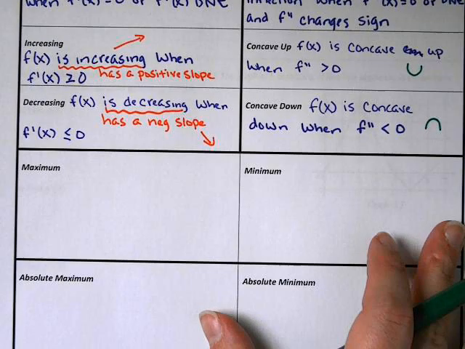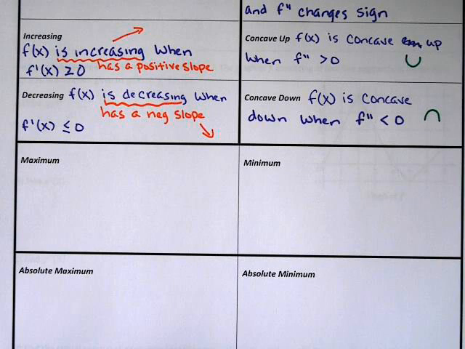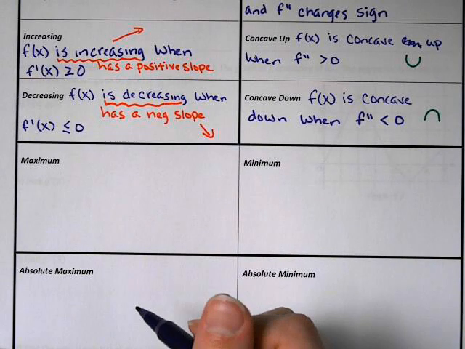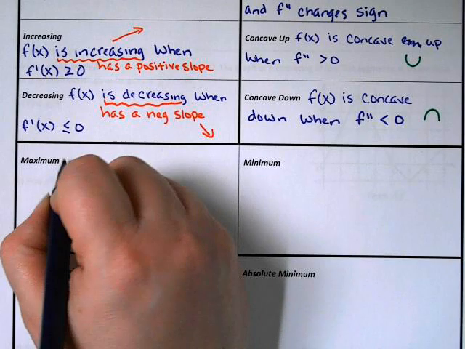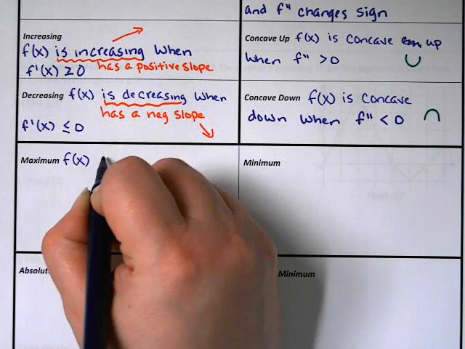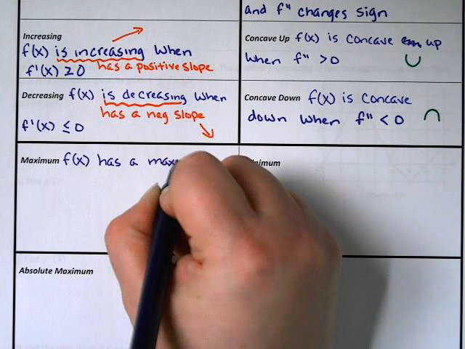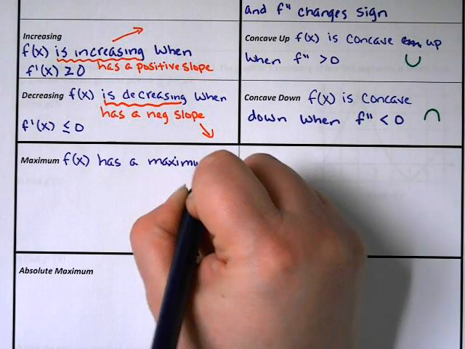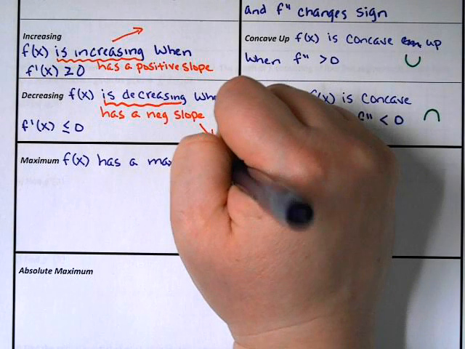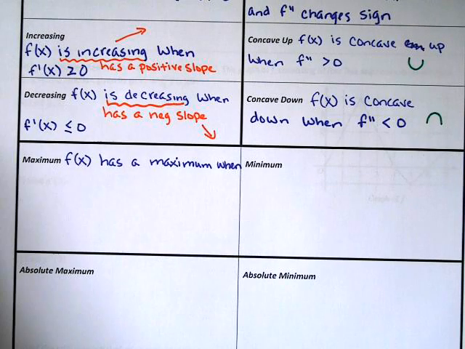All right, when we looked at minimum and maximum, we had two different ways we could think about finding the min or the max. So, f of x has a maximum when we have two options here.